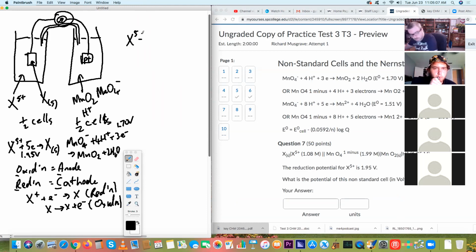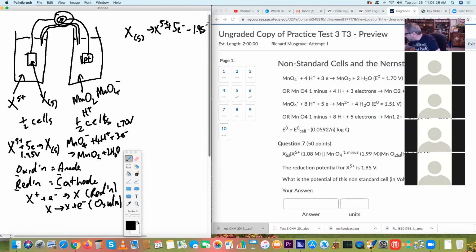X solid gives X5 plus plus 5 electrons. That turns it into an oxidation. But when we do that, we also have to reverse the sign. So it becomes minus 1.95 volts.